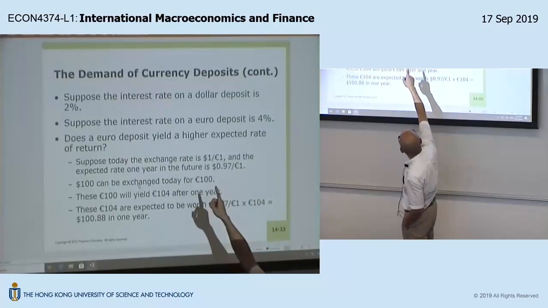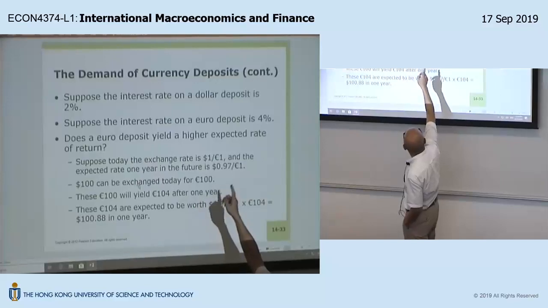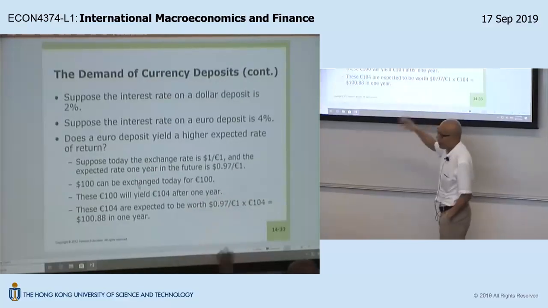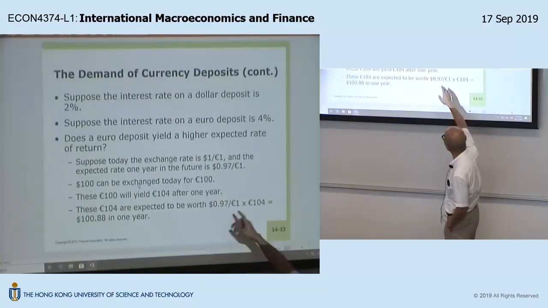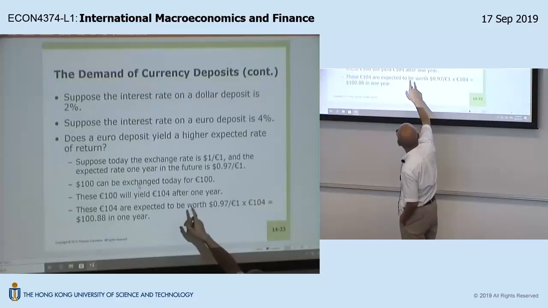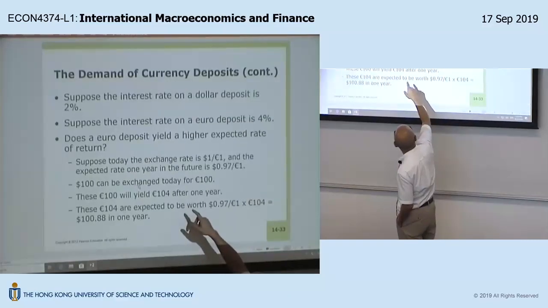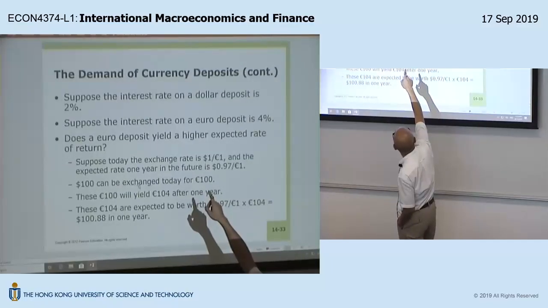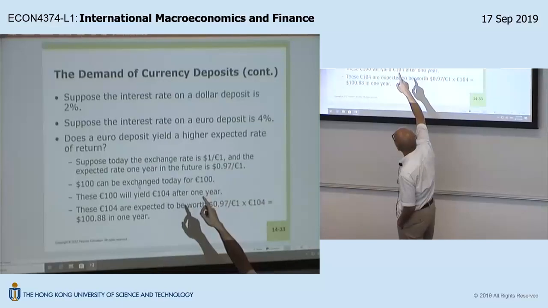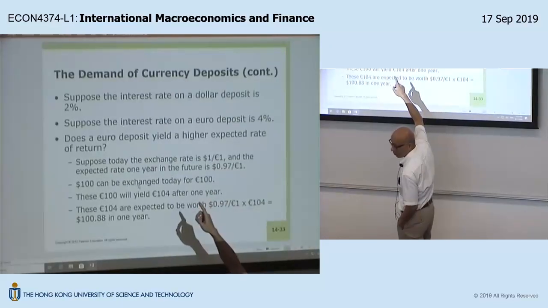So the dollar gives you a lower interest rate, the euro gives you a higher interest rate. However, you also expect the euro to depreciate. So here is the calculation. You really need to make a calculation. Immediately you would say, if the euro is expected to depreciate by more than 2%, then you probably don't want to buy euro if you're holding dollar.